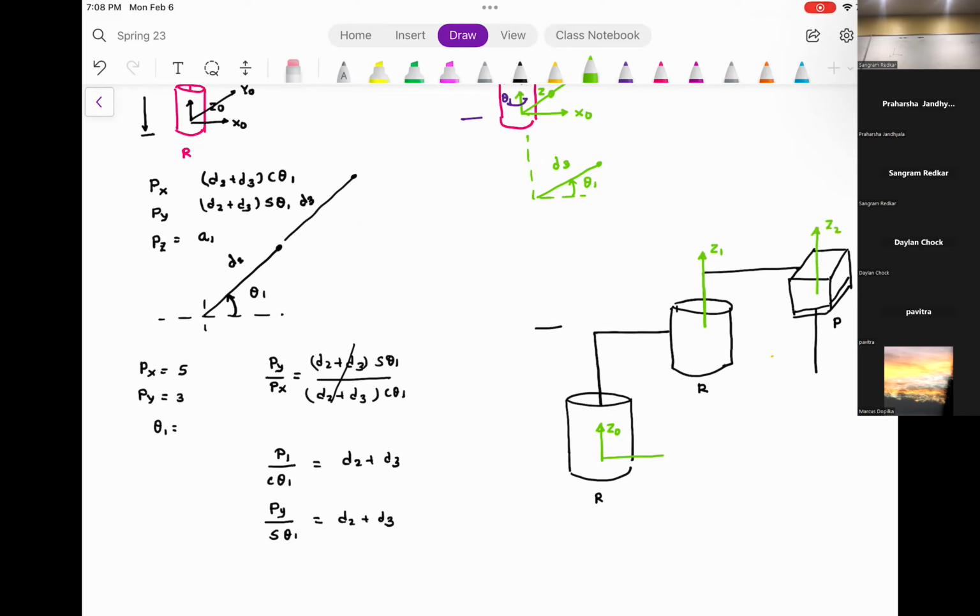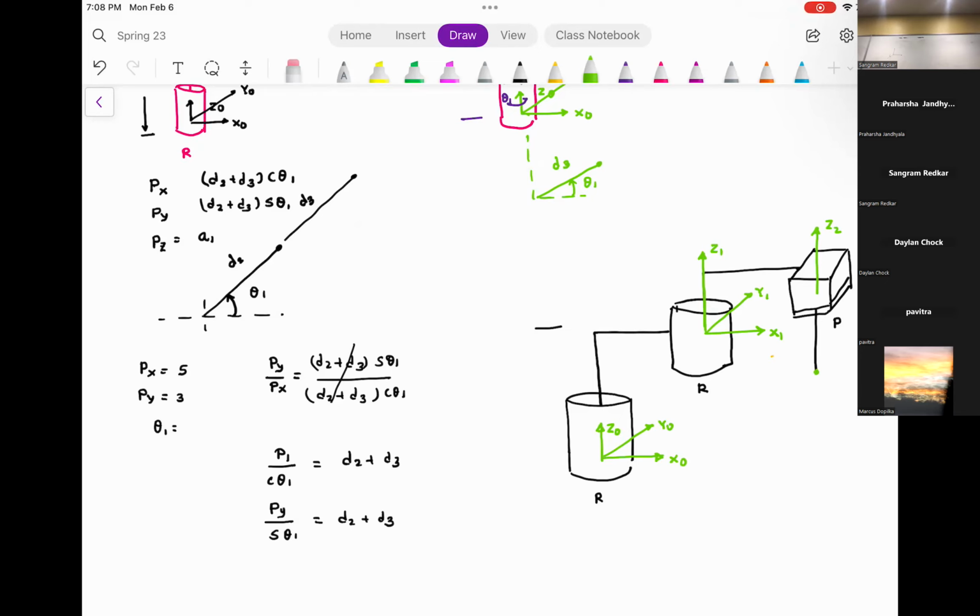So Z2, and then, okay, so here this is going to be X0, this is going to be Y0, again this is going to be X1, this is going to be Y1. Are the rules satisfied?